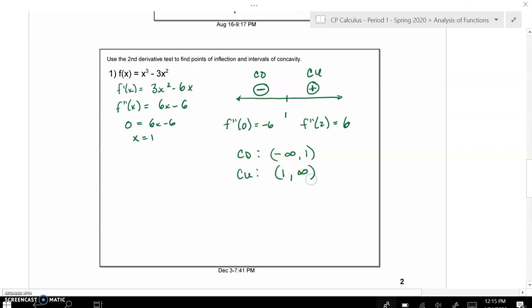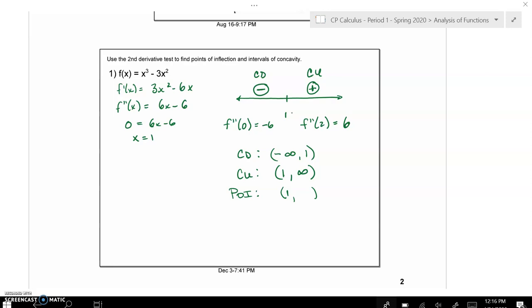And then my point of inflection, again, I'm just going to call that POI instead of writing it out every single time, is at 1 comma something. Remember, x equals 1 is the x part of that. I need the y component of that coordinate. Remember, the coordinates come from the original function. I have to go back and plug that into the original function to figure out what coordinate this point of inflection happens at.